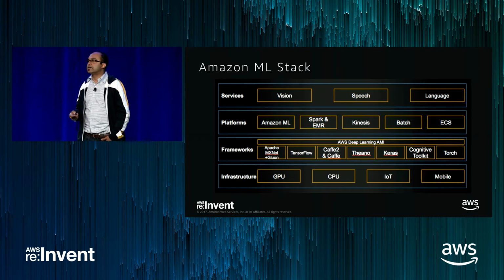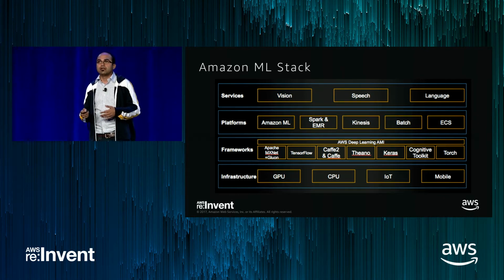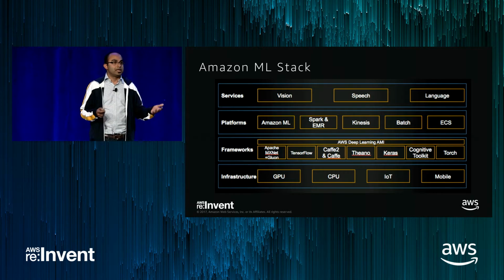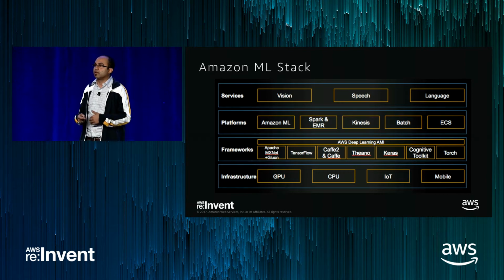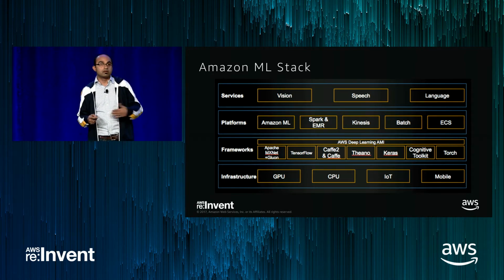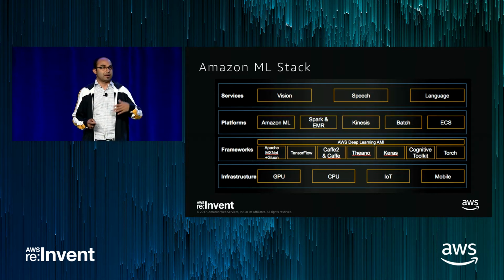And at the framework level, we want to make it easier for people to set up deep learning environments, with a lot of new framework updates and libraries. So we actually have the Deep Learning AMI, which is available at no additional cost, and comes including the NVIDIA CUDA drivers and frameworks like Apache MXNet.